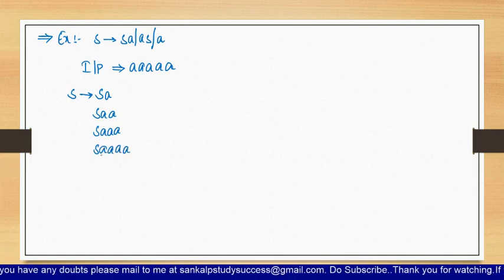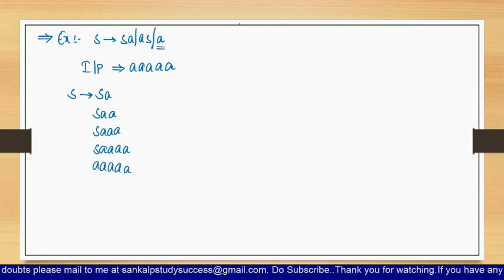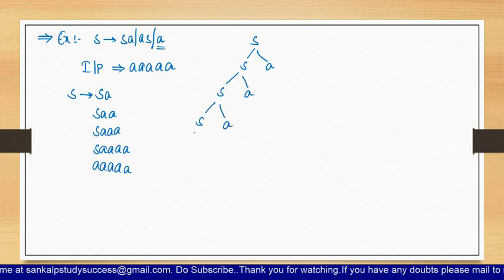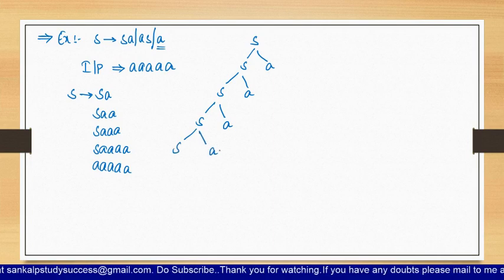Then in the place of S, if you substitute A, then you will get 5 A's, correct? So here in the place of S you have substituted SA, again SA, again SA, and also SA, and here we are done with 4 A's and the remaining one is A. So here you got one parse tree, right?